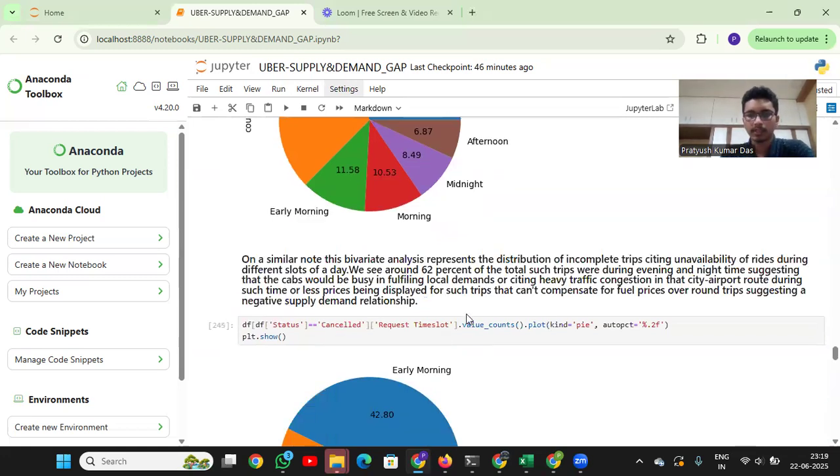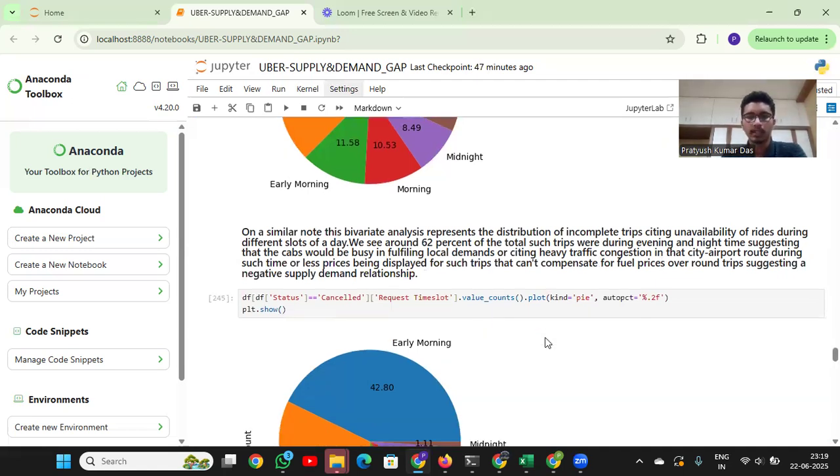On a similar note, this bivariate analysis also represents the distribution of incomplete trips citing unavailability of rides during the different slots of the day. We also see around 62 percent of total trips were during the evening and night time, suggesting that the cabs would be busy fulfilling local demands or facing heavy traffic congestion, which we came to in the previous stage of the video.